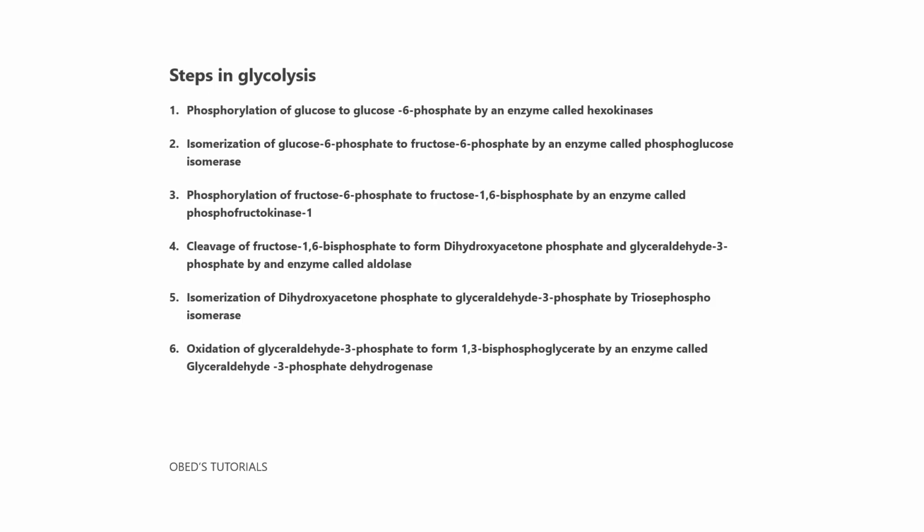So now the enzyme that we call phosphofructokinase 1 will add a phosphate group from another molecule of ATP to the fructose phosphate, creating two molecules of phosphate on carbon position 1 and carbon position 6 of the fructose molecule to form fructose 1,6-bisphosphate.